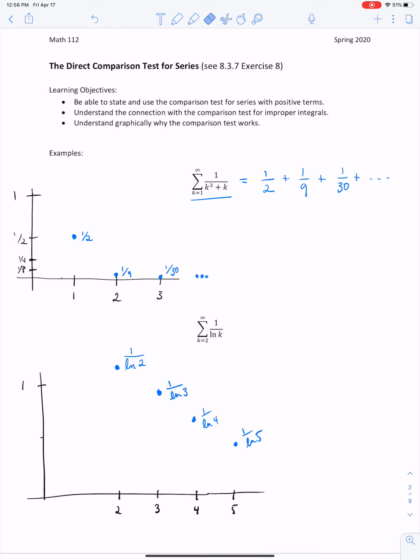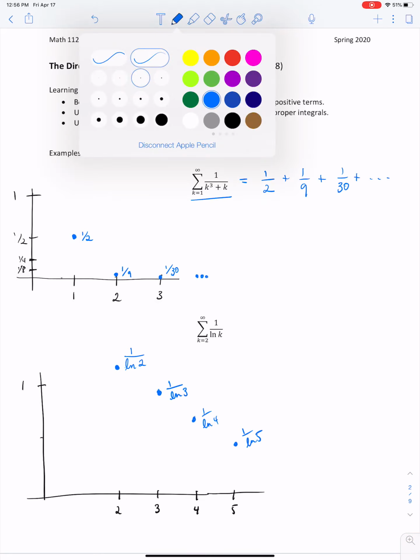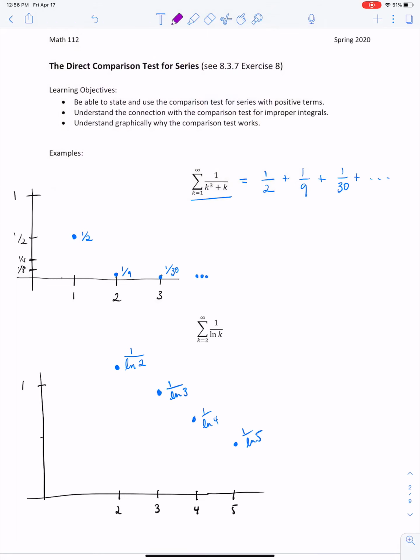So we might consider the related series, the sum of 1 over k cubed.